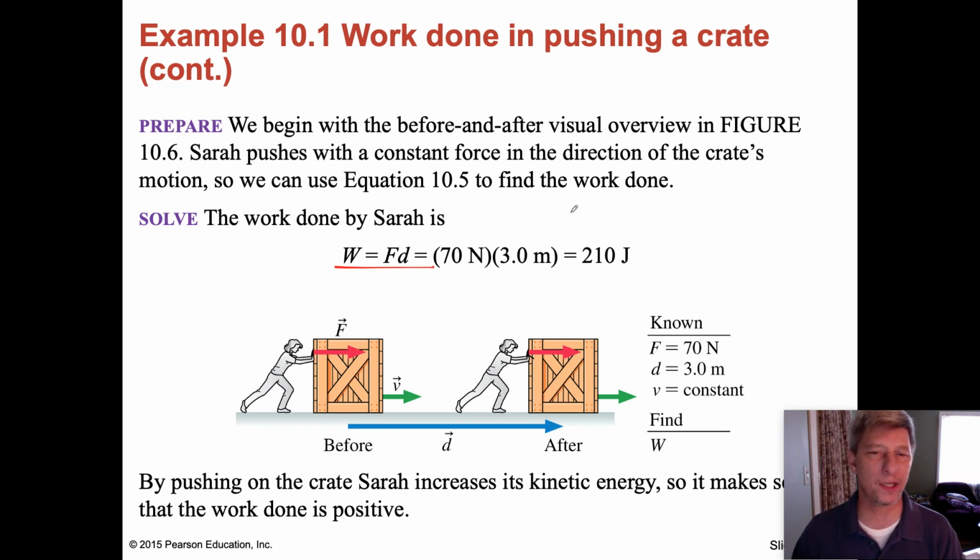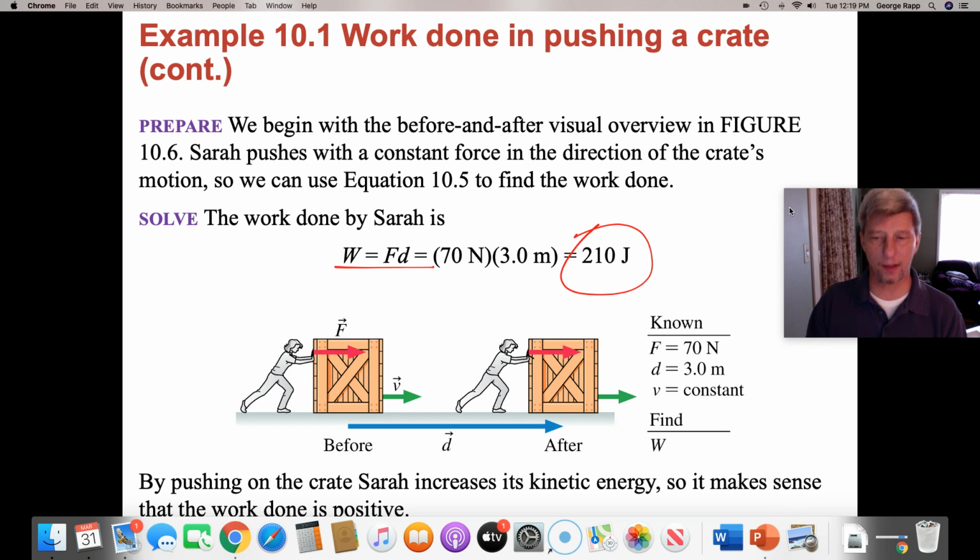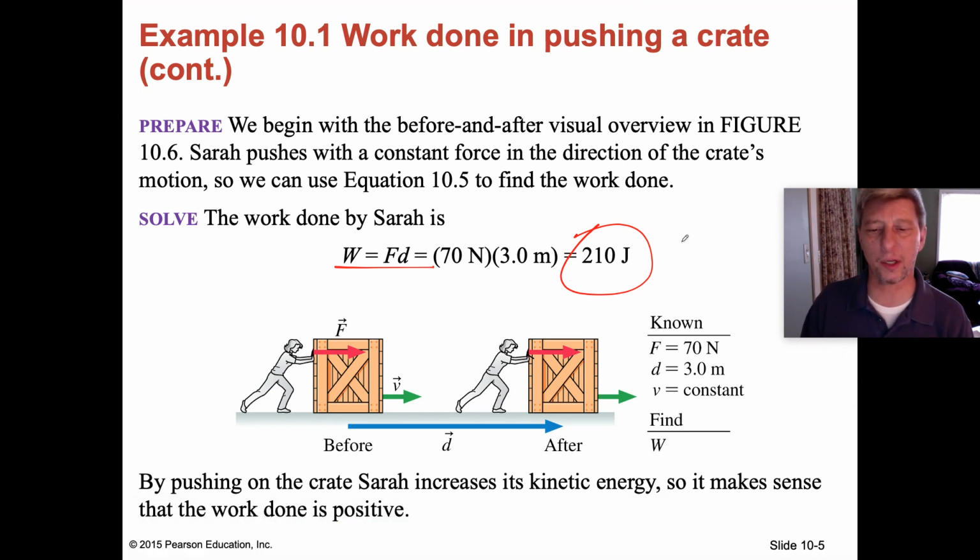The work done by Sarah is W equals F times d, 70 newtons times 3 meters, which gives us 210 joules of work. By pushing on the crate, Sarah increases its kinetic energy, so it makes sense that the work done is positive.